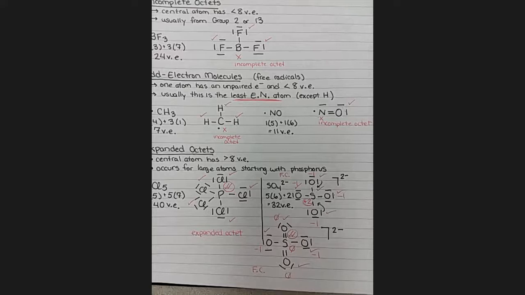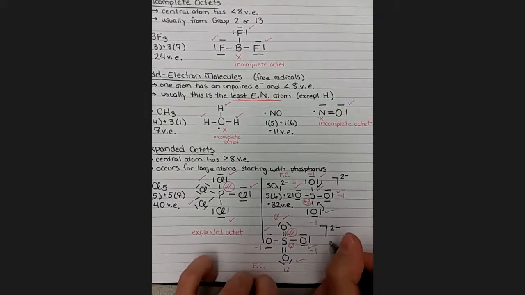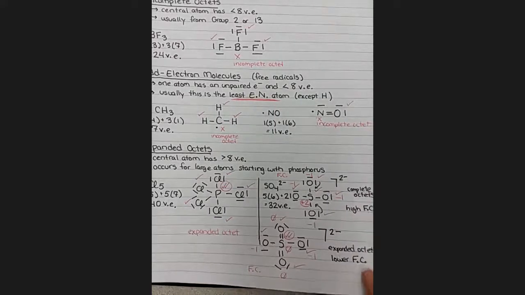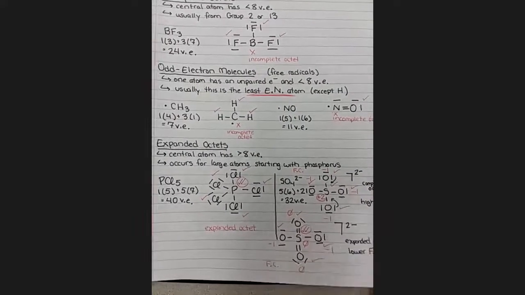So the reason that we predict that sulfur expands its octet by so much, all the way to 12, is because the formal charges in this molecule are much lower and more stable, as opposed to this first one, which had complete octets for all the atoms, but had very high unfavorable formal charges. So we expand the octets in our model to help account for more reasonable looking formal charges.